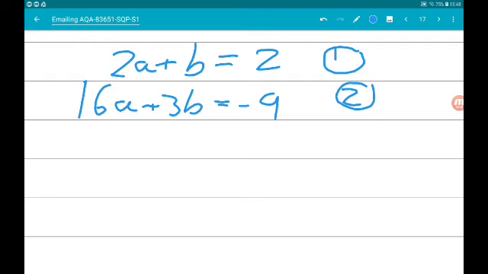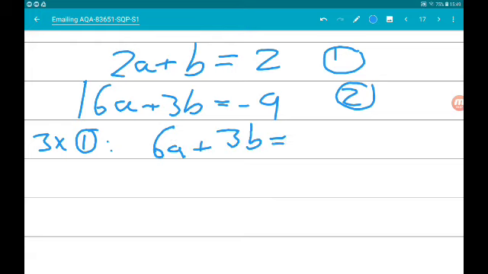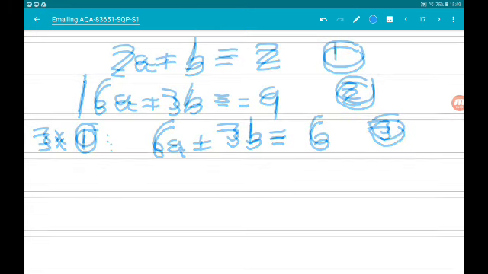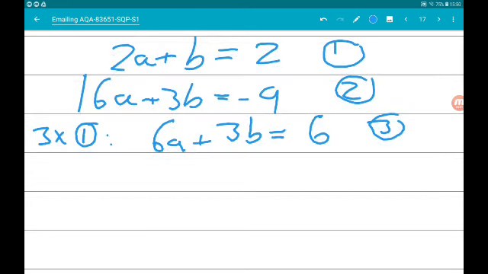So, we either need to get the same number of a or b in each equation. I'm going to go for the b's. So we can turn b into 3b by multiplying by 3. So I'm going to do 3 times equation 1. Now that's going to give us 6a and 3b is equal to 6. Call that equation 3.